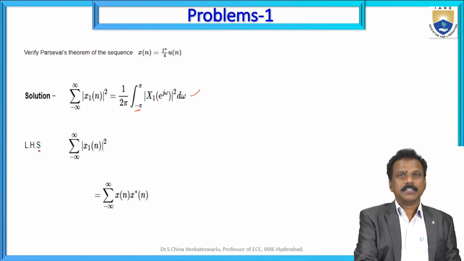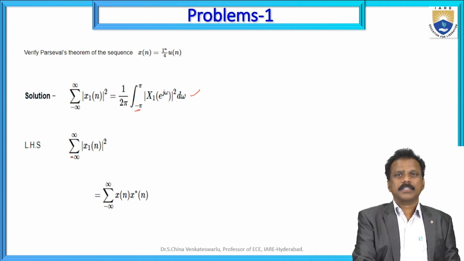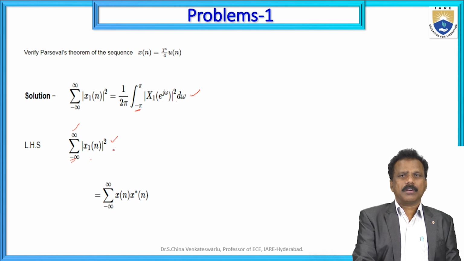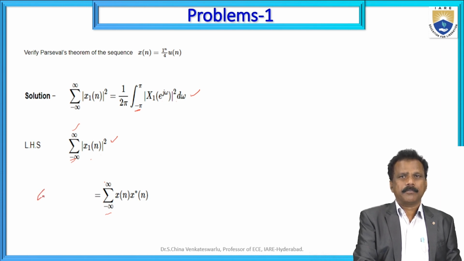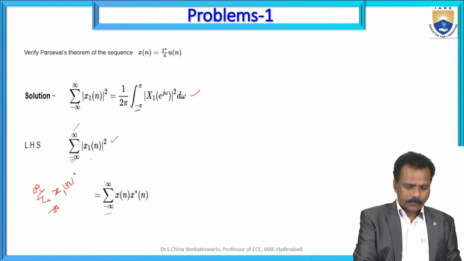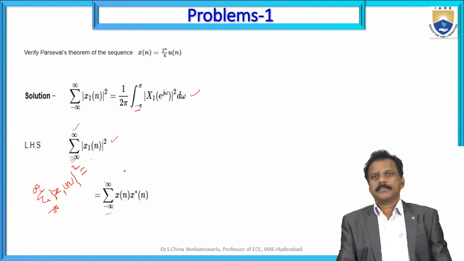Simplify this one, where LHS is equal to the summation from minus infinity to plus infinity of x of n square, which is the summation of x of n times x conjugate of n.